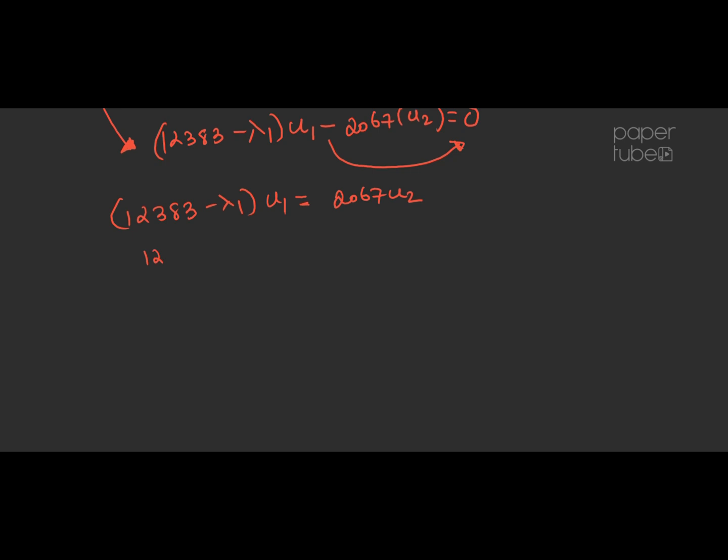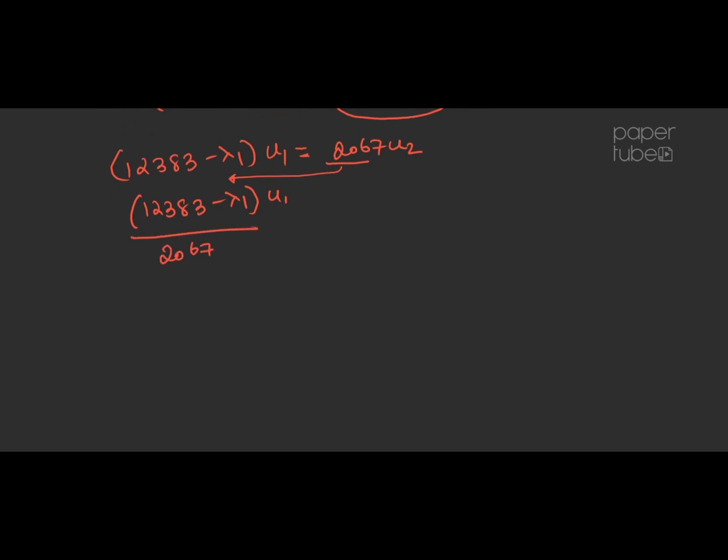And then, 12383 minus lambda 1 times u1, take this 2067 to the left hand side, so divided by 2067, that should be equal to u2. Then take the whole term on the left hand side to the right hand side, so it goes to the denominator.